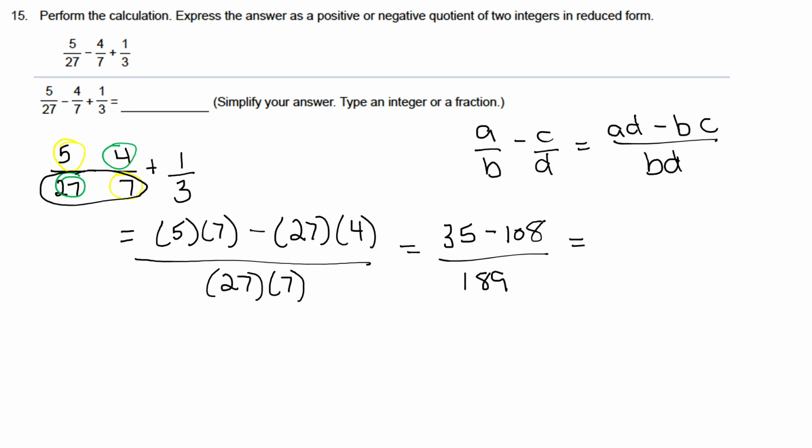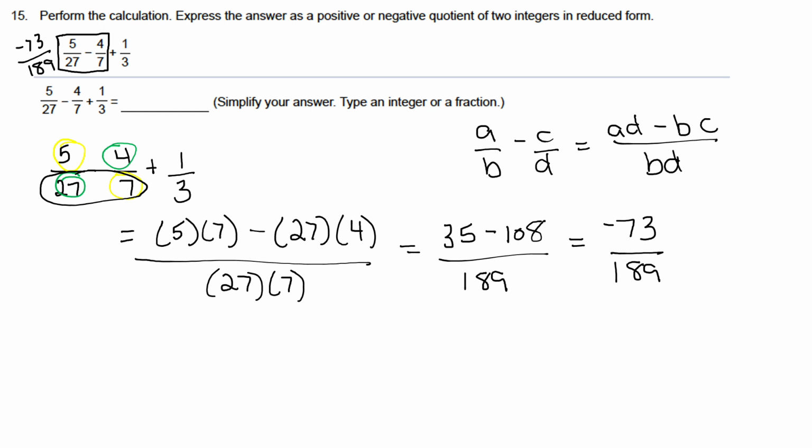35 minus 108 is a negative 73. And then we have it over 189. Now I know that 5 over 27 minus 4 over 7, this portion, is negative 73 over 189.